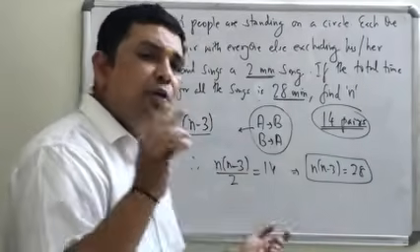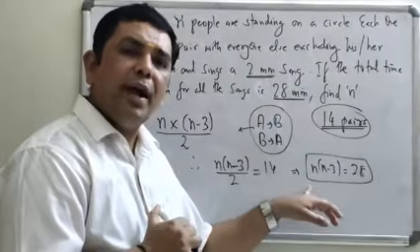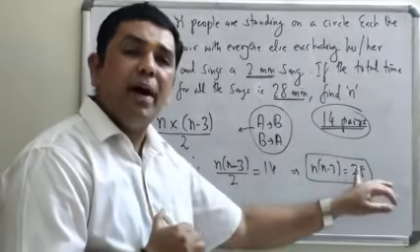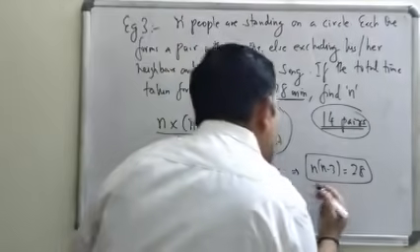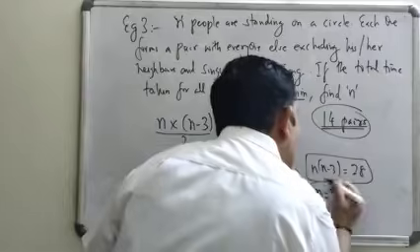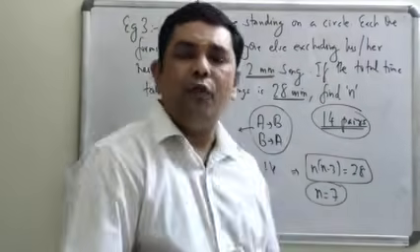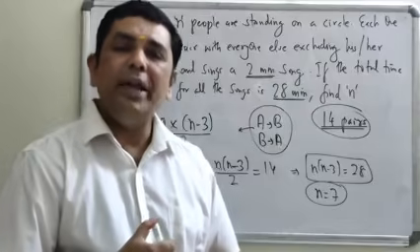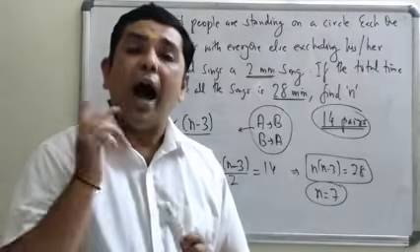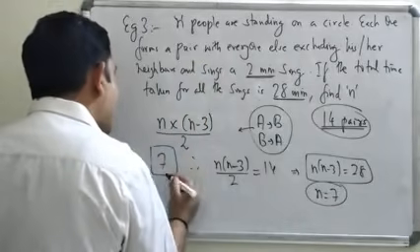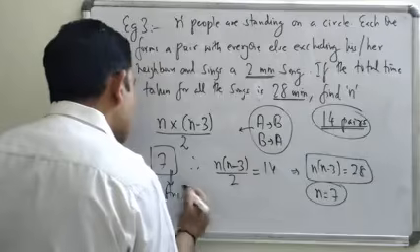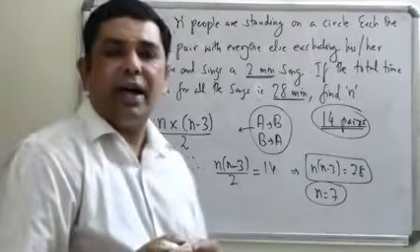Please don't. You have to ask yourself, we are talking about the product of N into N minus 3 being 28, right? What value of N will fit here? Obviously the value of N that is going to fit here will be 7. So how many people are standing on the circle? There are 7 people standing on the circle, and that is going to be our answer to this question.